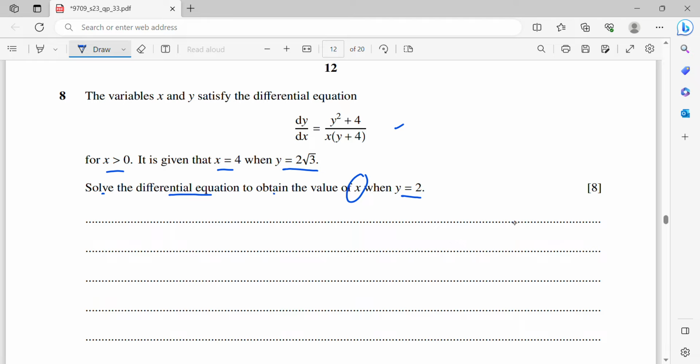So dy over dx equals y squared plus 4 over x bracket y plus 4. Okay, so now we need to separate the variables.